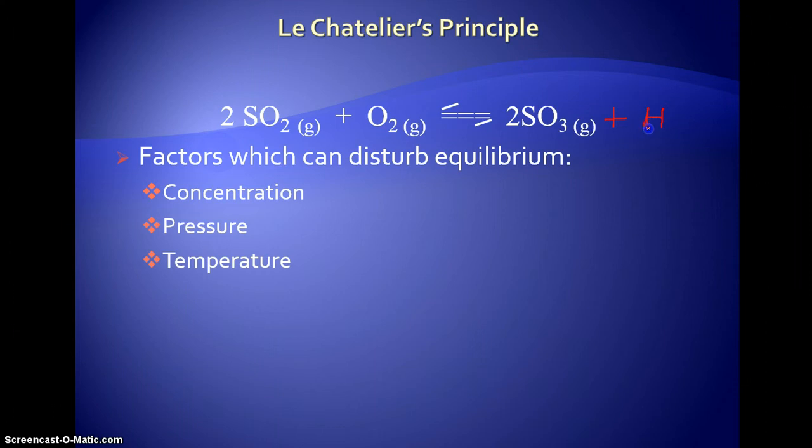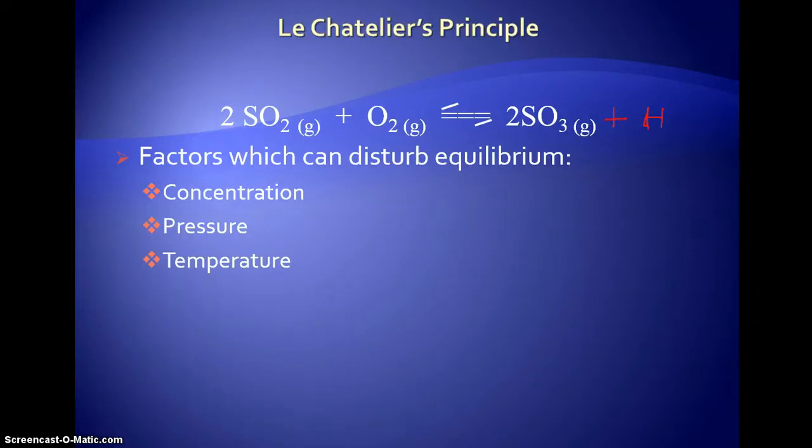I'm not going to spell the whole thing out. So we'll just understand that H is heat. So what we're saying here is if it's an exothermic reaction, then heat, in essence, temperature, is going to be a product. Okay, so now here's the thing. If I increase the temperature on an exothermic reaction, what am I adding?